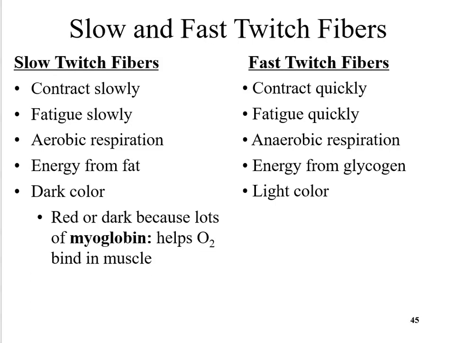Chickens are mostly walking around, so they have these slow, sustained contractions in the legs. However, they are capable of short bursts of flight to, say, escape a predator or get up into a tree to roost. For that, they rely on those fast twitch fibers to generate quick but powerful contractions.